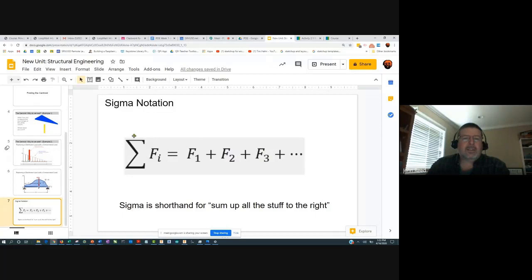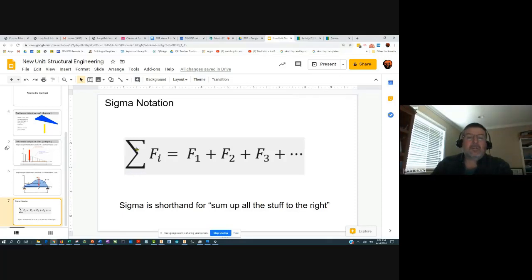This is the Greek letter capital sigma, and it basically means sum up all the stuff to the right. So here I've got summation of f, and it's got a little i subscript. So this would mean f1 plus f2 plus f3, and we would go on until we're finished summing it up. And when we stop will be known from the context of the problem. So that's all that means.